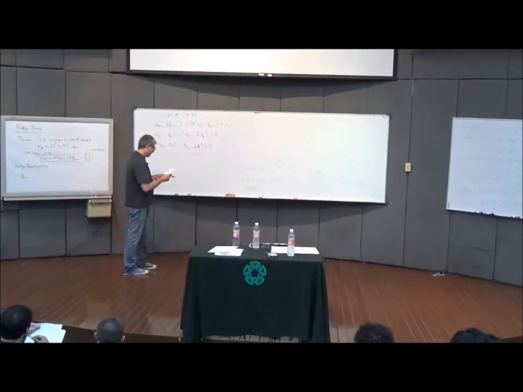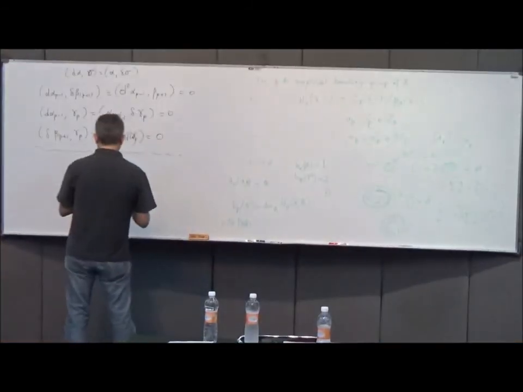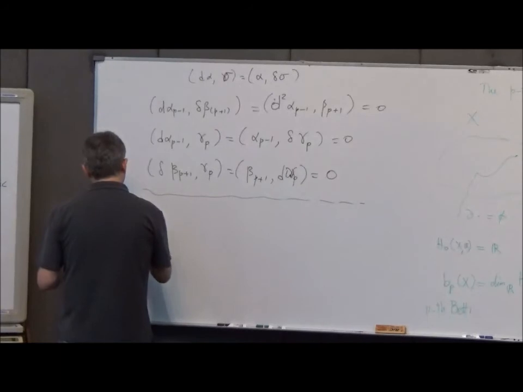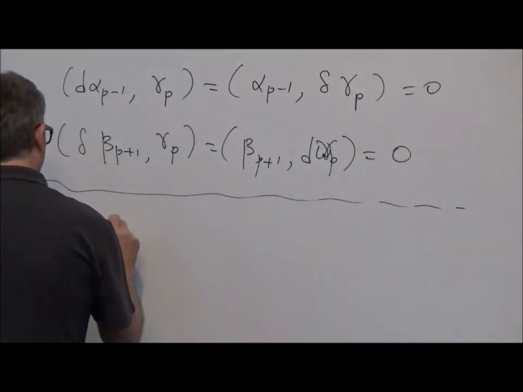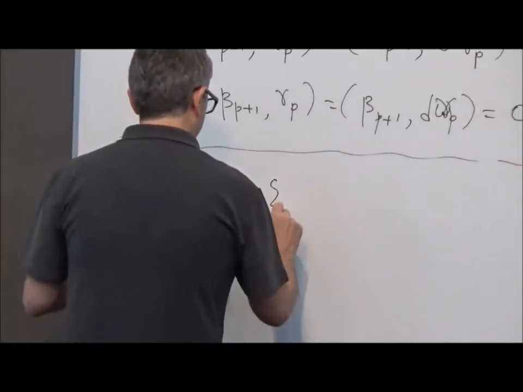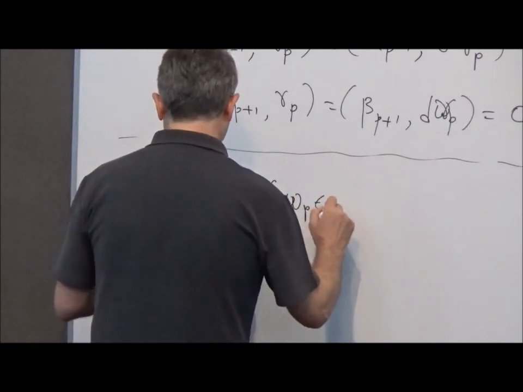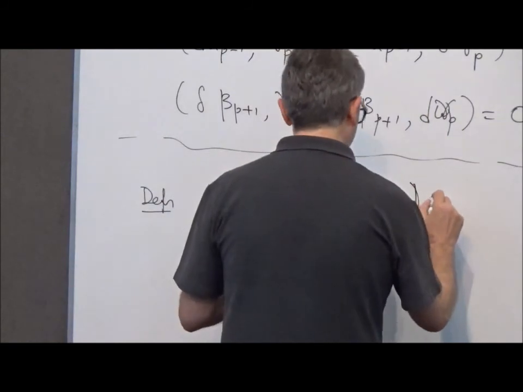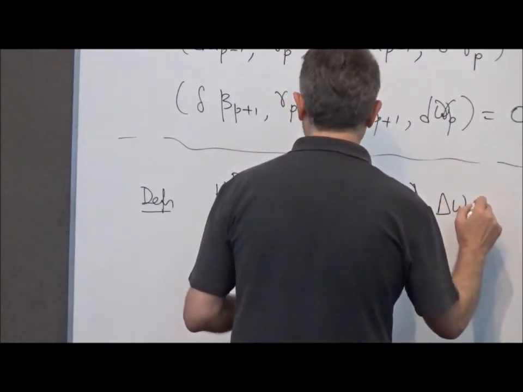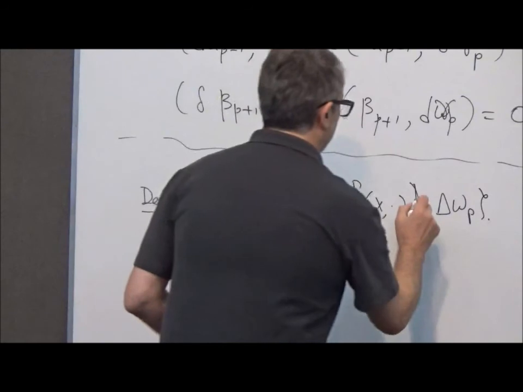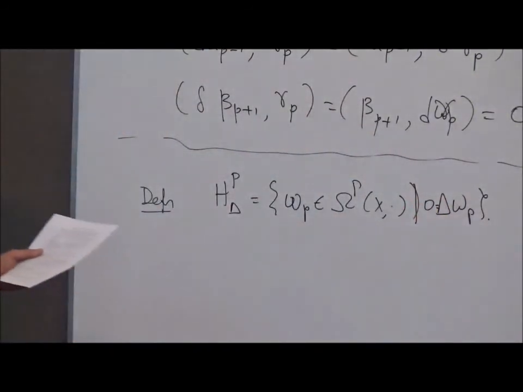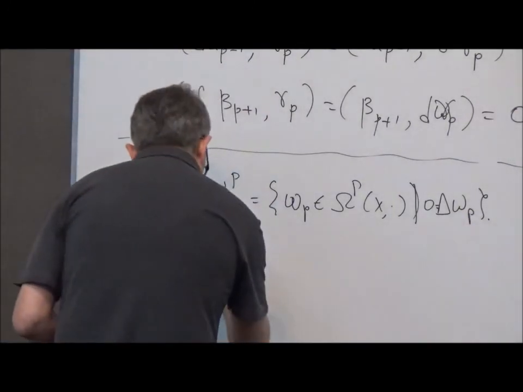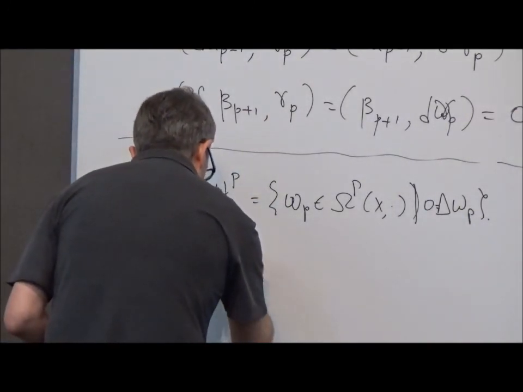Okay. So, definition: H^p_delta is the set of forms such that they're harmonic. So these are the harmonic forms. And there's an isomorphism between them and cohomology.